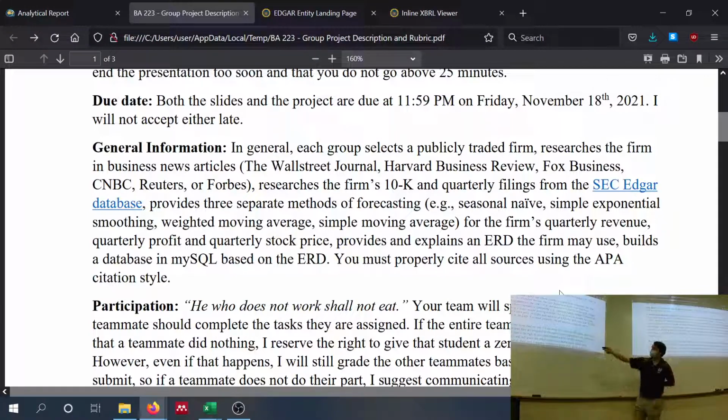Okay? Properly cite everything, APA. I'm going to strongly recommend use some sort of citation manager. I'm not requiring it, of course. I think it's a lot easier to work with a citation manager than doing it by hand. Okay? So I'll give you guys an example. In my work, do you think I cite anything manually? You know how many thousands of citation styles there are?